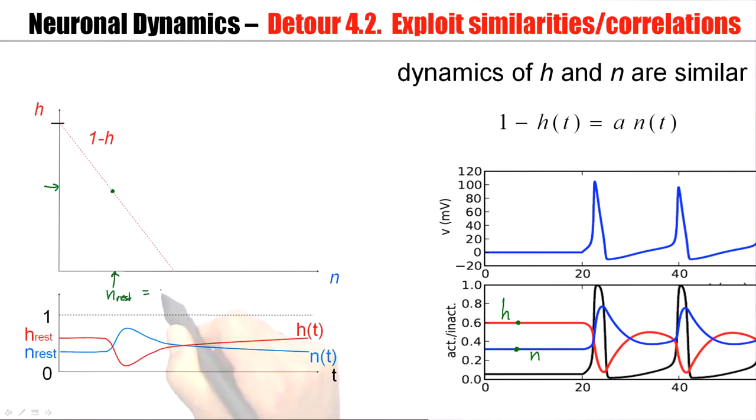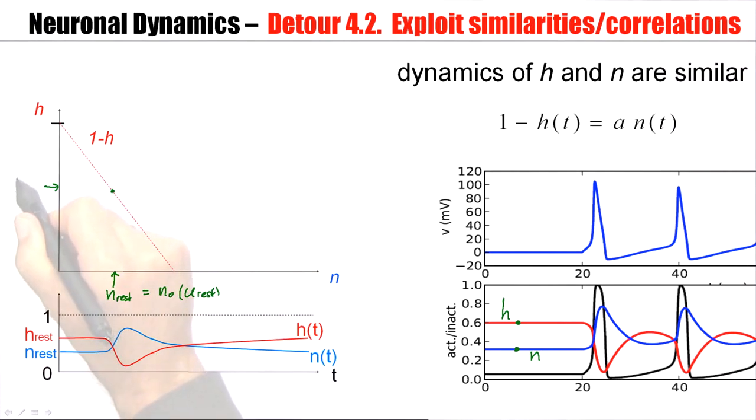More precisely, it's N0 evaluated at U rest. Here is H rest. More precisely, it's H0 evaluated at the resting potential. Now this is one point, one combination of N and H.